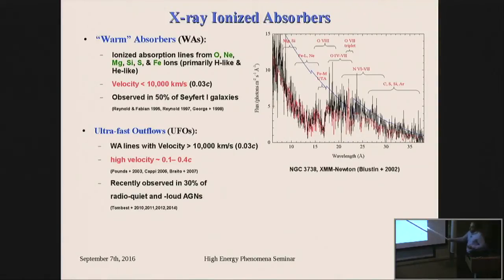The ultra-fast outflows are those with velocity much higher than 10,000 kilometers per second, and some of them reach 0.1 to 0.4 times the speed of light. The warm absorber has recently been observed in nearly half of Seyfert 1 galaxies, while the ultra-fast outflow has been observed in 30% of radio quiet and radio loud AGN.